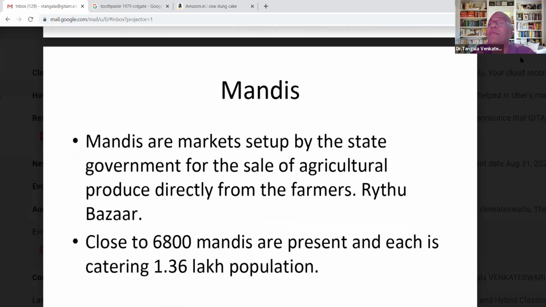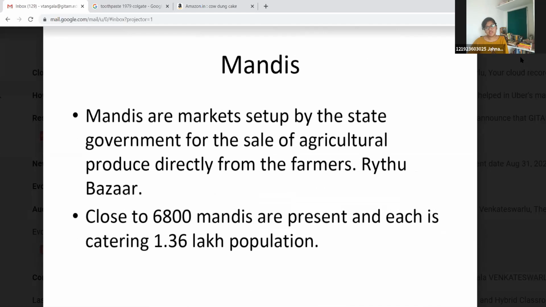Sir, but in most of the melas and local melas, they don't give the customers a bill, right? You try to ask next time, you will definitely get the bill. Public are not asking for the bills. It is a mandate by the government that you have to take a bill for every product.